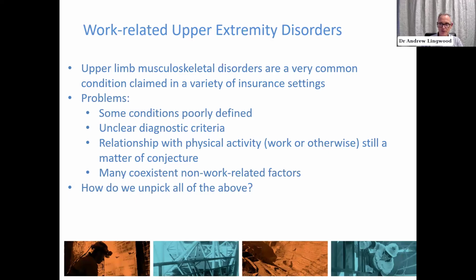That makes it very difficult to work out what's going on and any relationship to work or other activities. The other thing that makes this difficult is that the relationship of a lot of these conditions to physical activities, whether at work or outside of work, is still a matter of some conjecture.